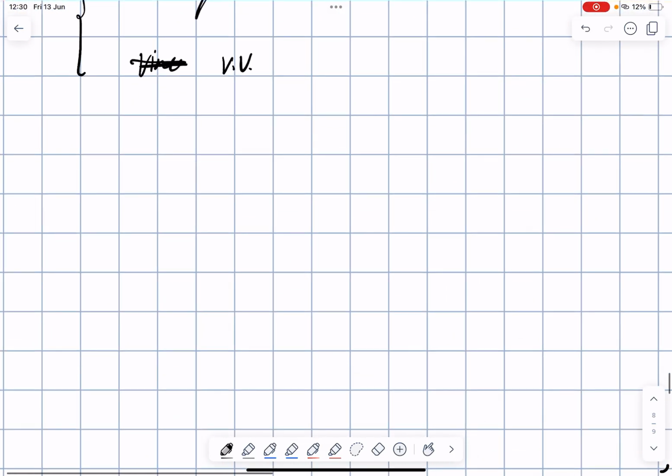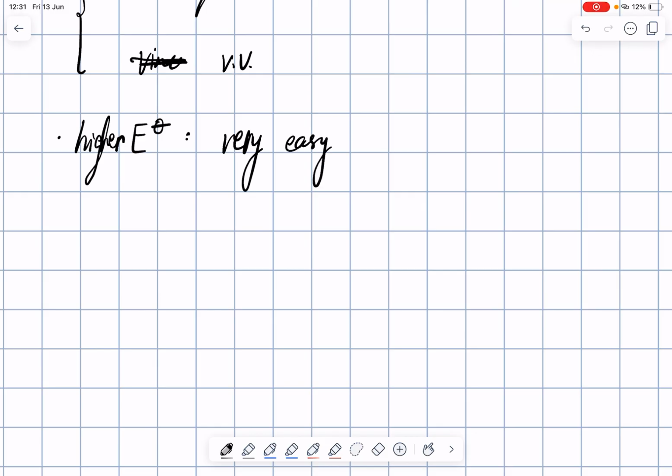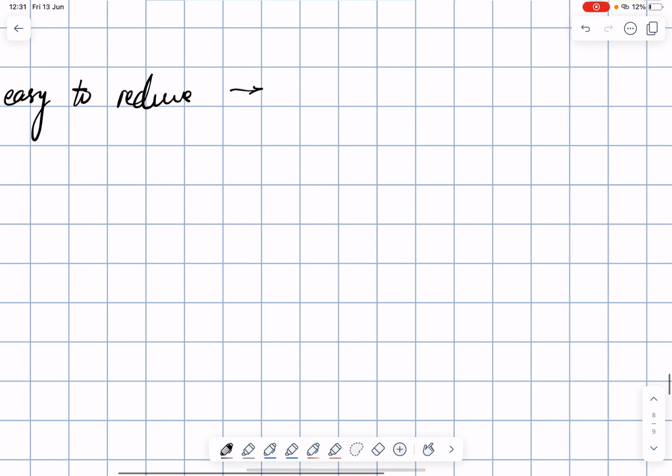So we can know that if we got a higher E standard, it's very easy to reduce, which means it's a very strong oxidizing agent.